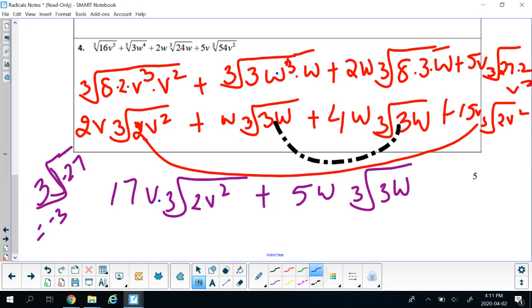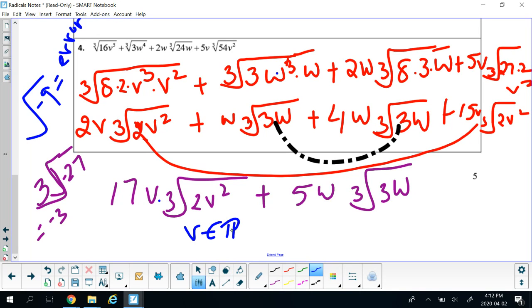But if you try to simplify this on your calculator with -9, you will get an error, okay? Because whenever your index is even, you cannot have your radicand negative. But if your index is odd, you can have your radicand negative, okay? So in this case, v could be anything.